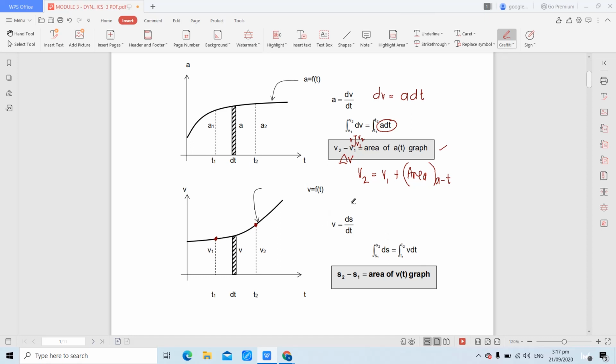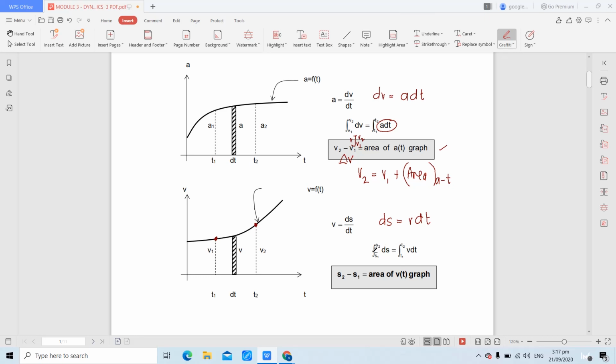And then, using another kinematic differential equation, v equivalent to ds over dt, by cross multiplication, ds will be equivalent to v dt. Na-separate na natin ulit yung variable ni displacement at saka ni time. So, you are now ready to integrate both sides of the equation. Maglalagay tayo ulit ng limits, no? From initial time to final time, initial position to final position.